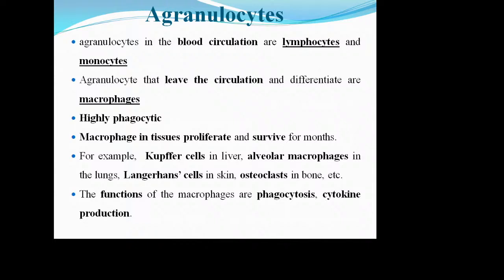For example, Kupffer cells are present in liver, alveolar macrophages are present in the lungs, Langerhans cells are present in the skin, osteoclasts are present in the bone, and so on. The main functions of macrophages are phagocytosis, killing of pathogen, and cytokine production. We will talk about what cytokines are. These are specific proteins that activate different types of immune cells.